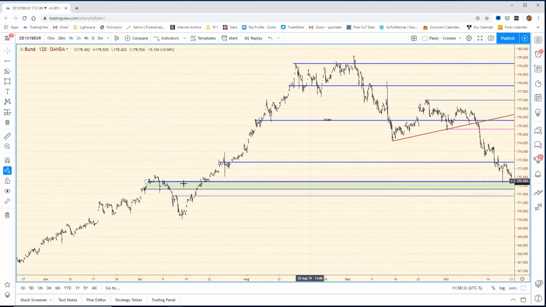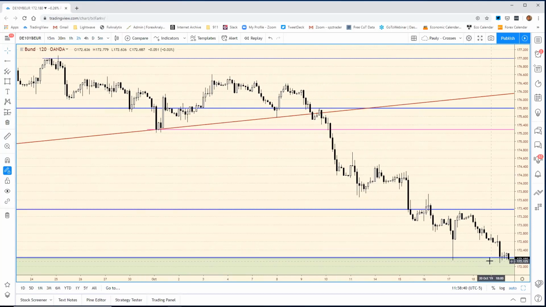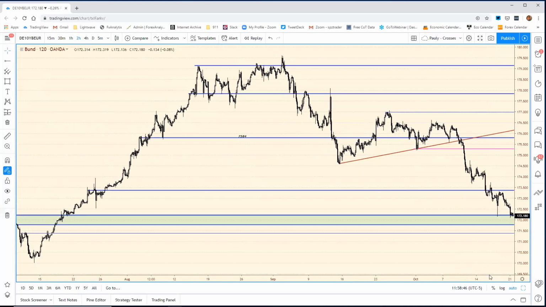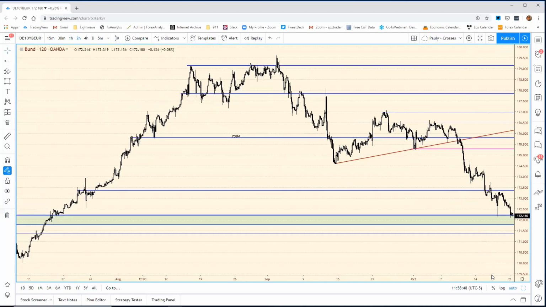But we are into a key area of what I call a value zone. That's why it's in green. We actually made new lows for the day, for the move, and then we've kind of quieted down, no follow through. There was a report here from the Bundesbank looking for potentially Germany to have another weak quarter, the third quarter potentially being very, very weak.